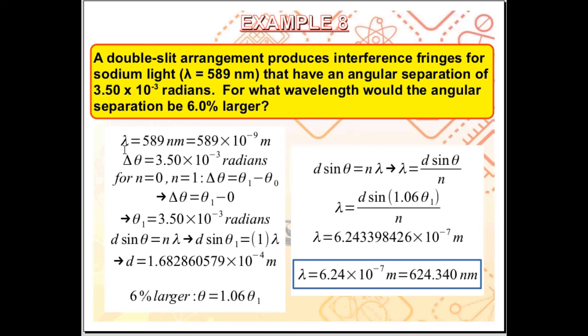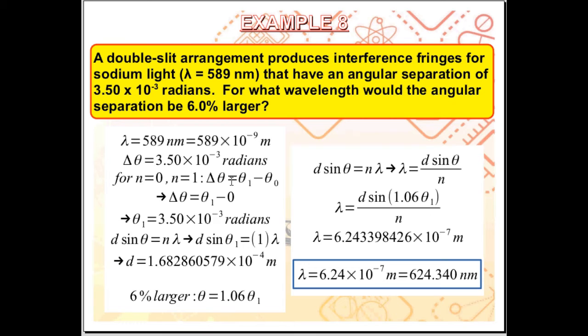So given lambda 589 nanometers, angular separation delta theta is 3.50 times 10 to the negative 3 radians. Let n equal 0 and then n equal 1. We can get the angular separation for these two bright fringes, the central bright fringe and then the first bright fringe.